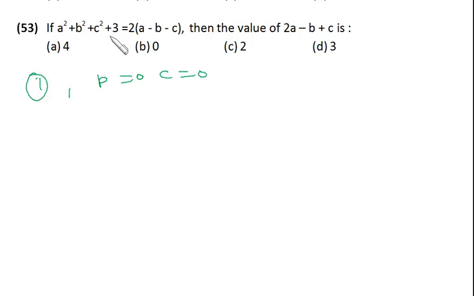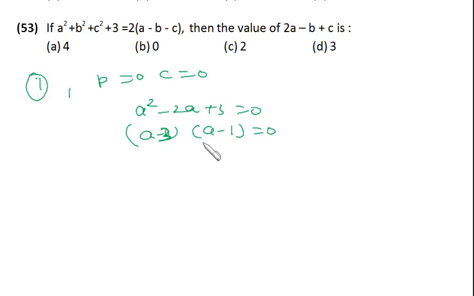So a square plus 3 will be 2a, right? So precisely a square minus 2a plus 3 is equal to 0. That means a minus 3 and a minus 1 is equal to 0.